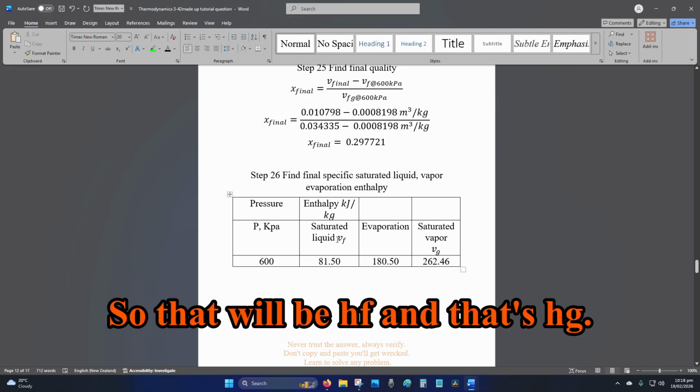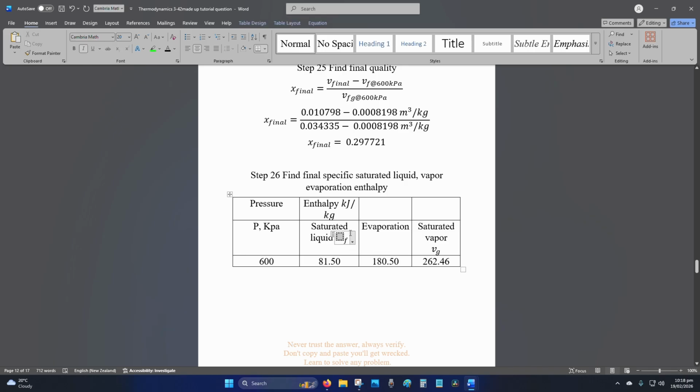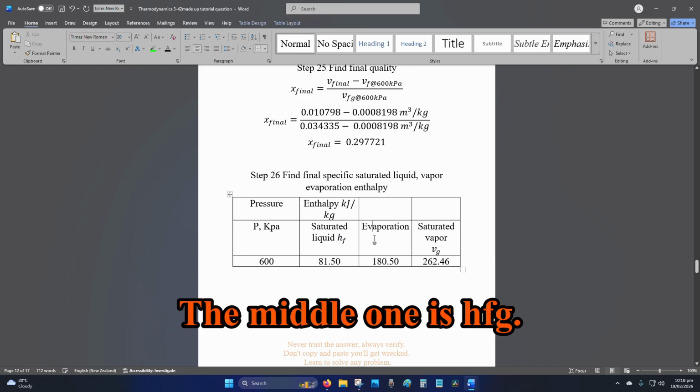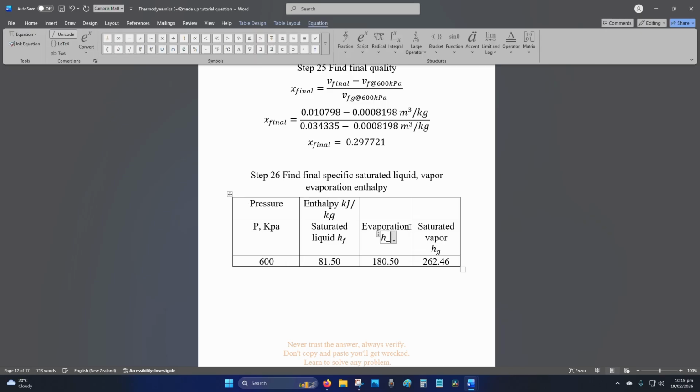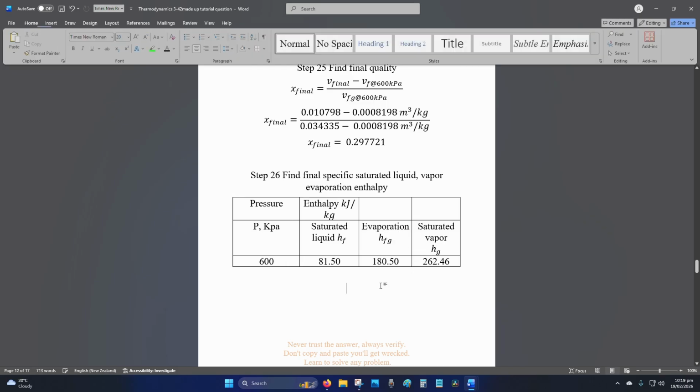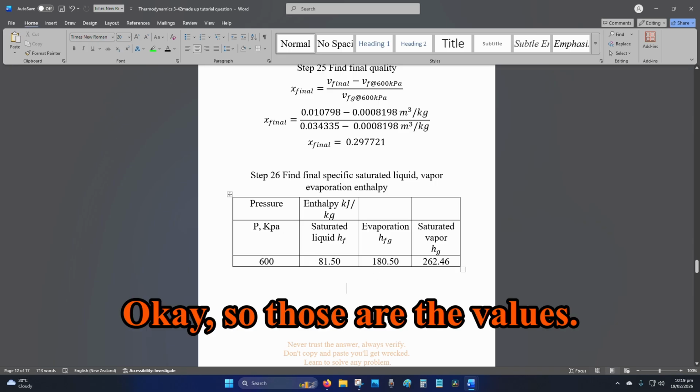So that will be HF, and that's HG. The middle one is HFG. Okay, so those are the values.